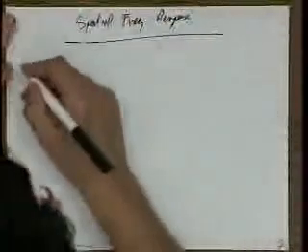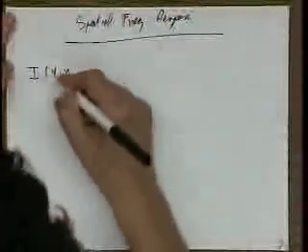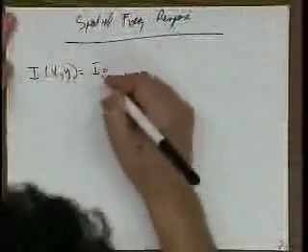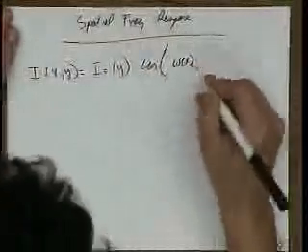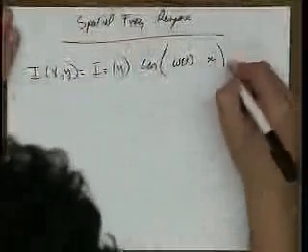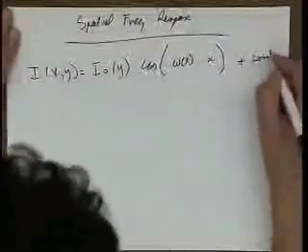Okay. And the last thing I want to talk about is the spatial frequency response a little bit more. So suppose we do the following experiment. We come up with an image I of x comma y, which is I naught of y times cosine omega of x times x, plus some sort of a constant.